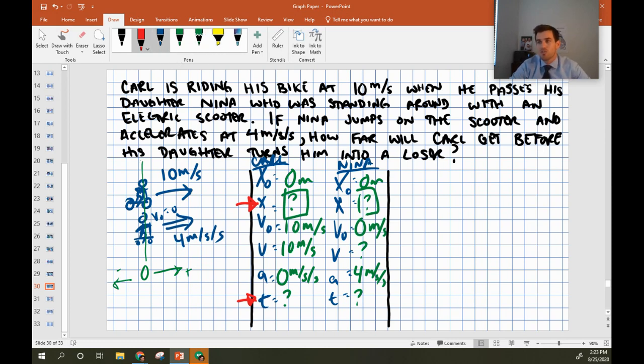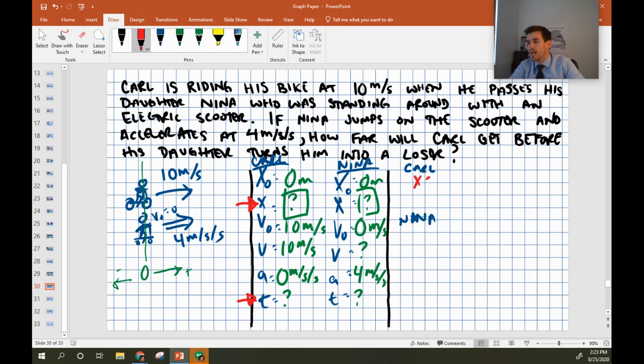So since we're trying to force that to be true, we're going to have to use an equation that has position and time in it, which brings us to our second kinematic equation. So I can set one up for Carl and Nina. I'll have Carl's, and I'll do Nina's below just so I have space to write them out.